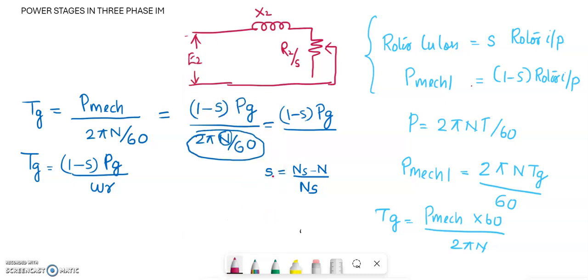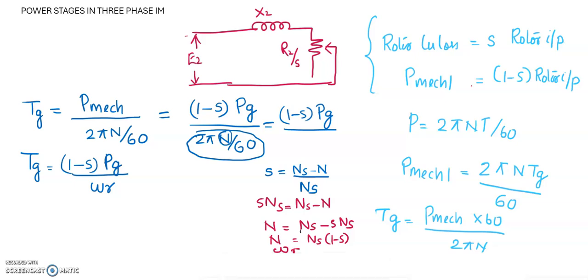Also S into Ns equal to Ns minus N, or N equal to Ns minus S Ns, or N equal to Ns into 1 minus S. If N is like this, we can write omega also, where N is the speed and omega is the angular frequency.